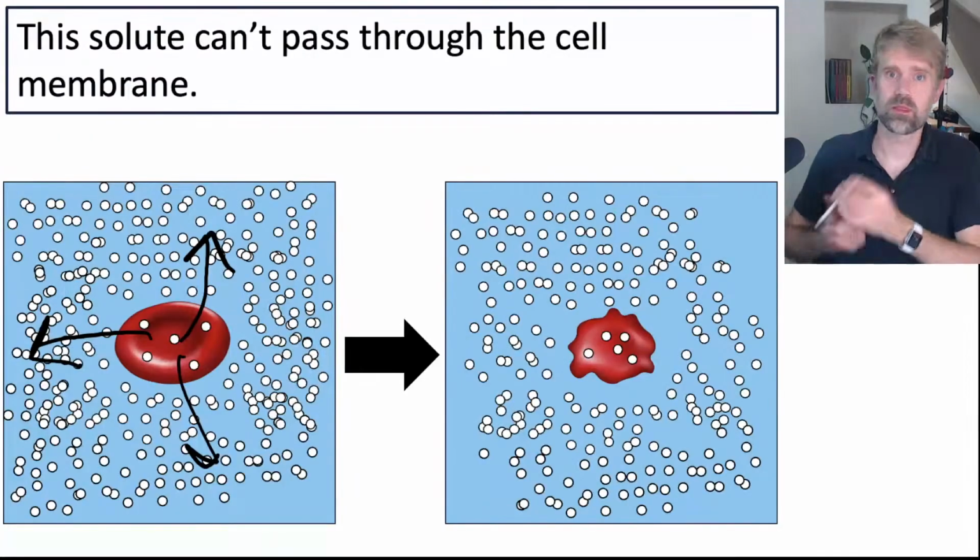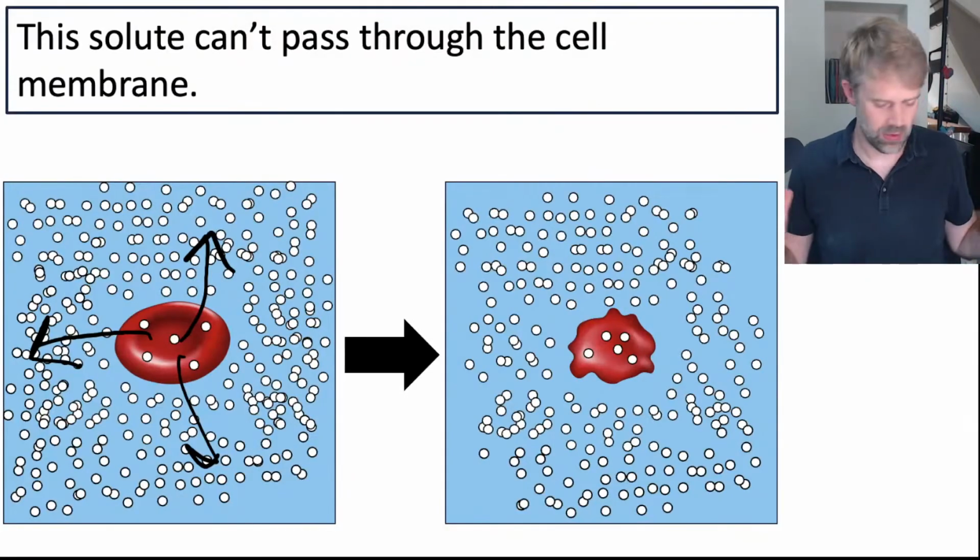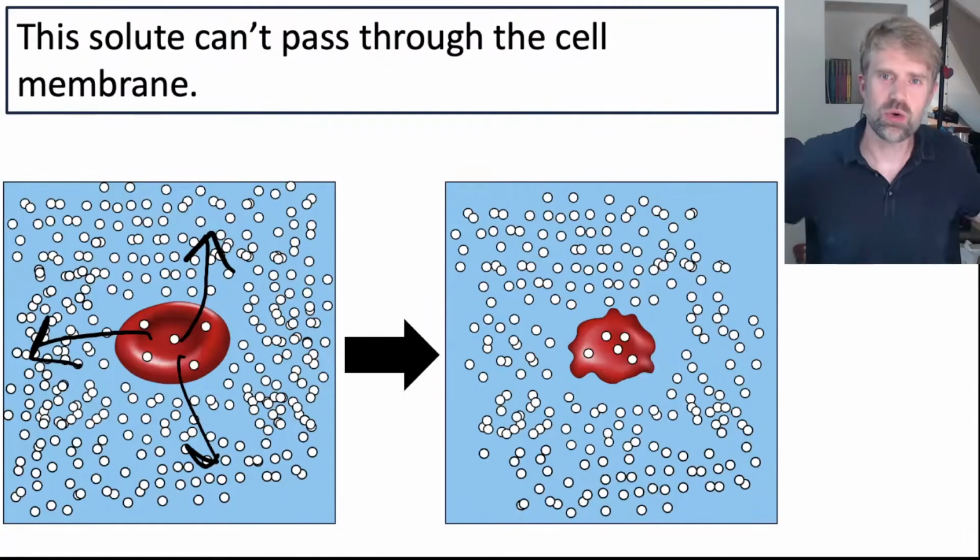Now, the last thing that we have to do is talk about how osmosis is really diffusion of water. Because I've been using these terms like, in osmosis, water moves the other way that solute wants to move, or, in osmosis, a high solute concentration pulls water or draws water.